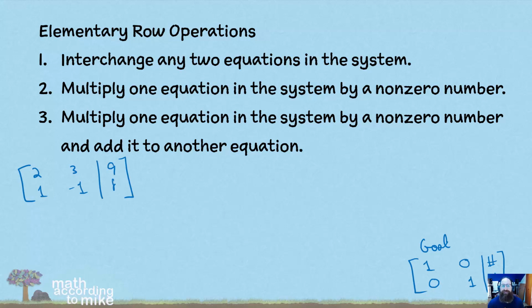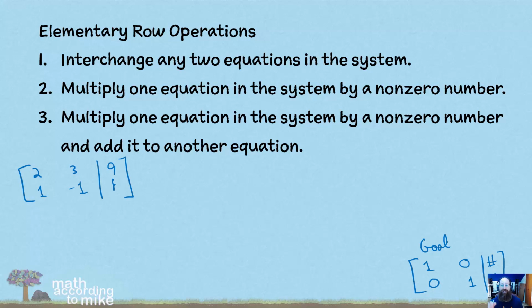So here's what I'm going to go by. The goal is to take our beginning matrix and turn it into our goal matrix in the bottom right there. If we are able to do that, then we can read across x equals number, y equals number. Great.